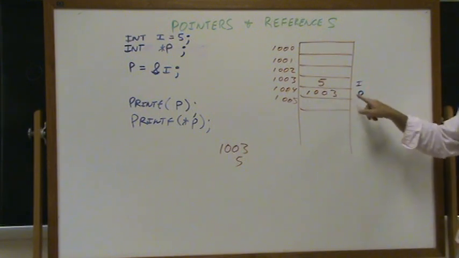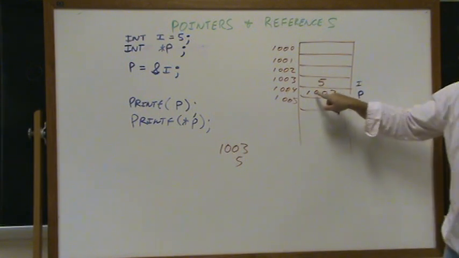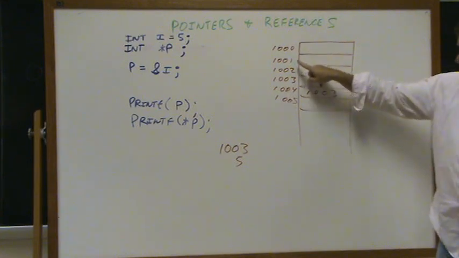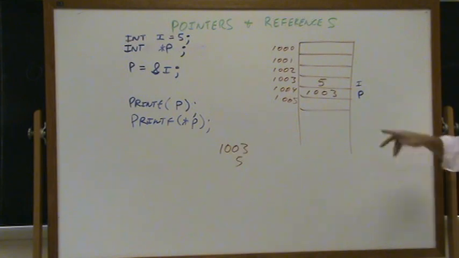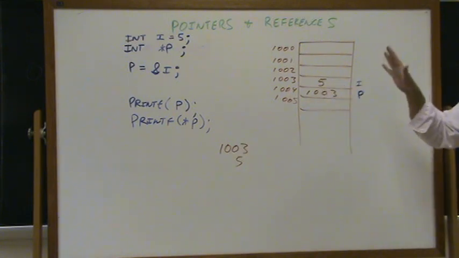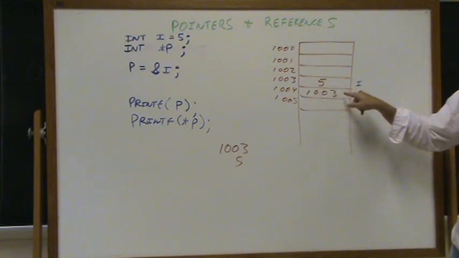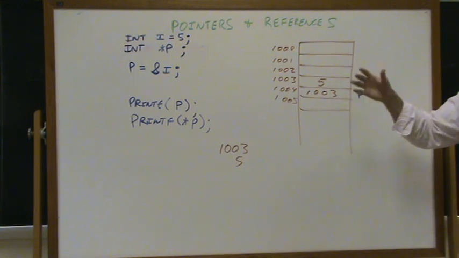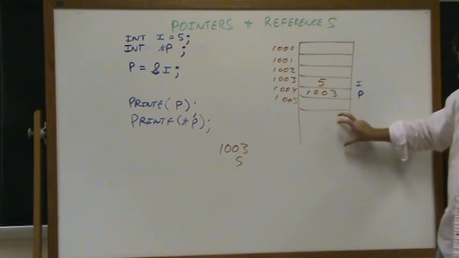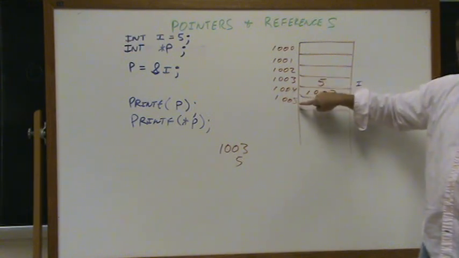Right. So if something is a pointer, its contents will always be a memory location, part of the memory that your program got. If it's a pointer to anything, it will always have some machine address in it. Even if we make a pointer to a person, and there'll be a big chunk of storage for a person, then this will be the address of the very first part of it.